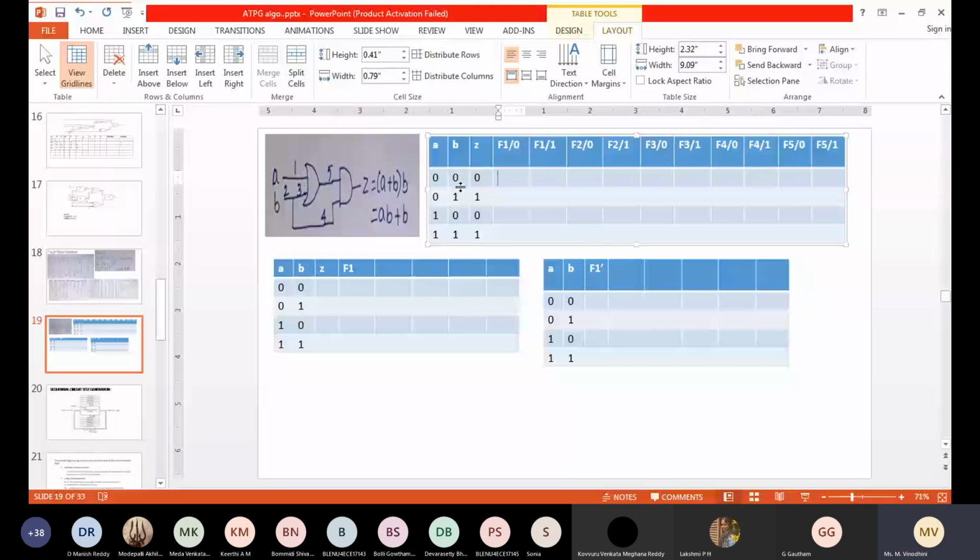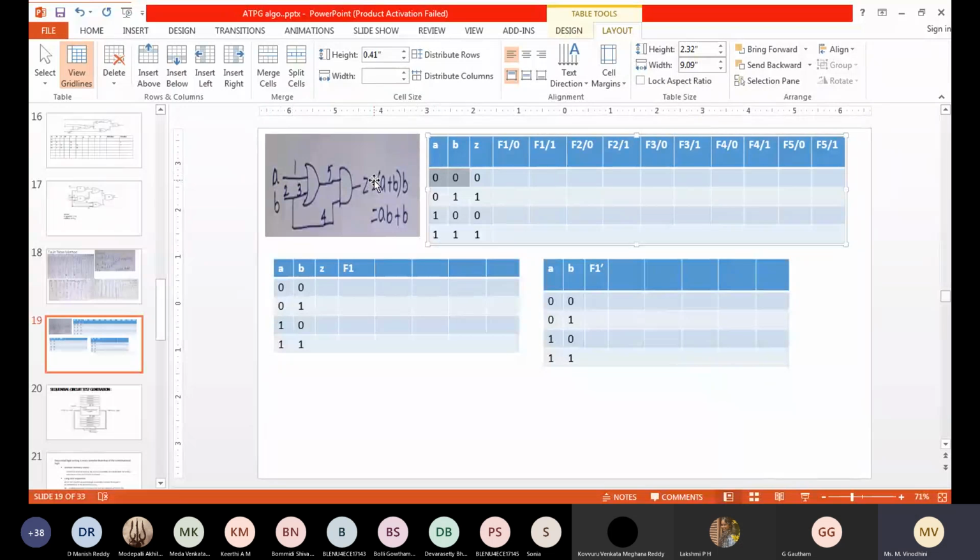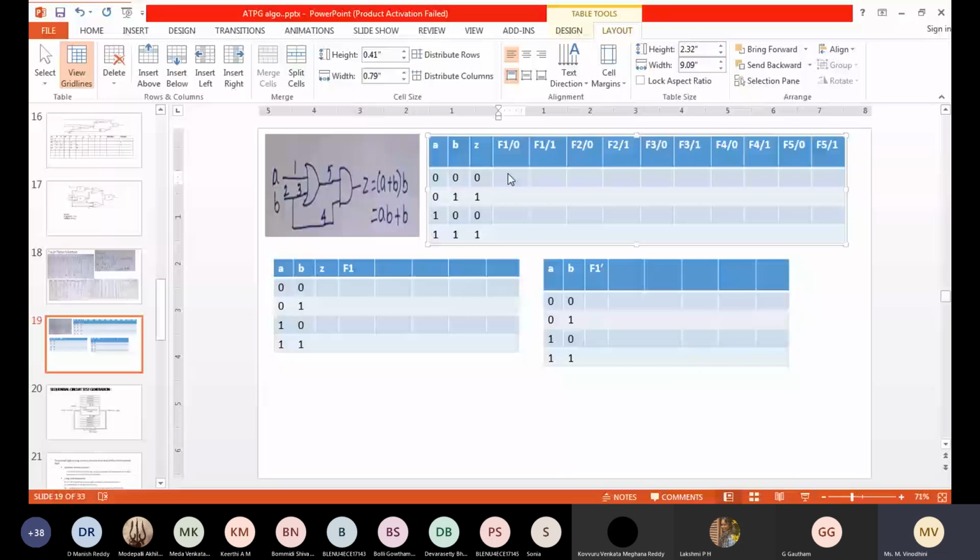In that situation, if I give A, B as 0, 0, what will be my output? A is 0. Fault is also 0 in the signal line 1. Will there be any effect at the output? No. So what will be the answer here? 0. Next combination also 0, 1. A is 0. Fault is 0. So output will be same as the original one. There won't be any difference.